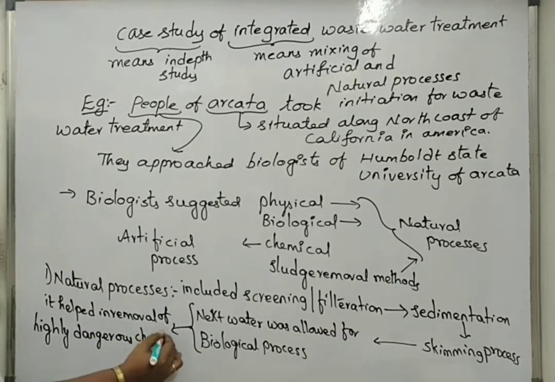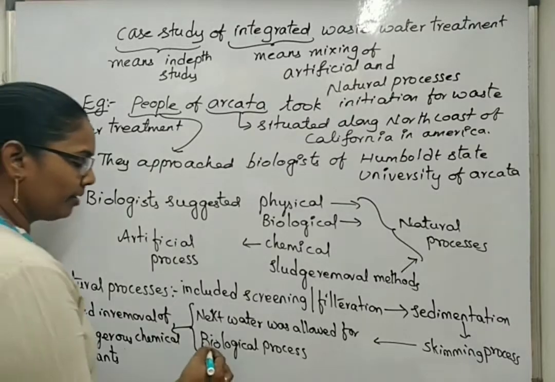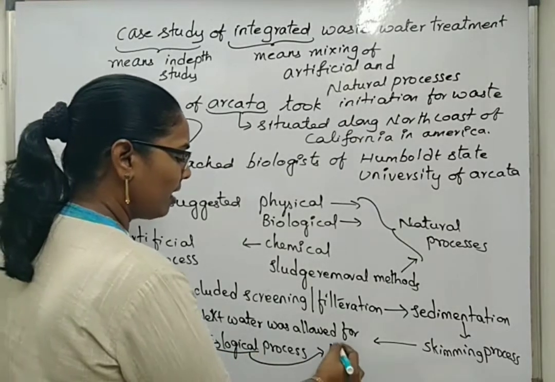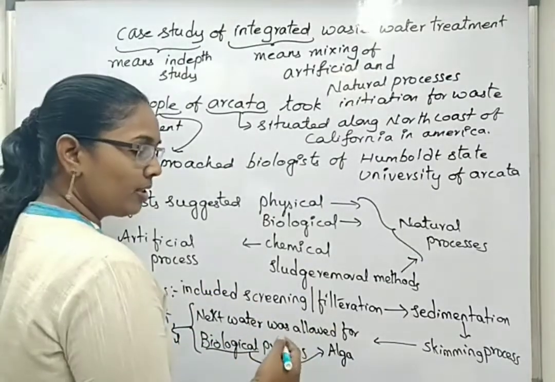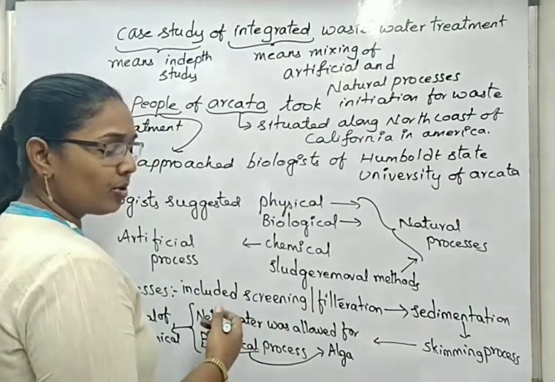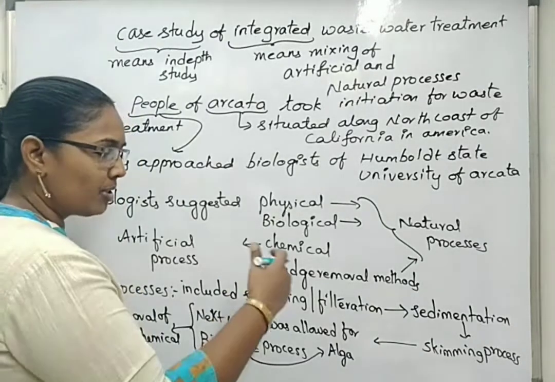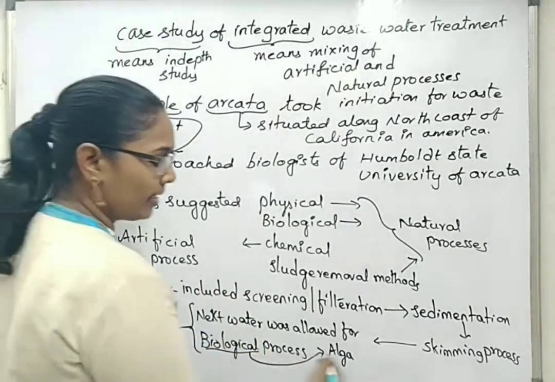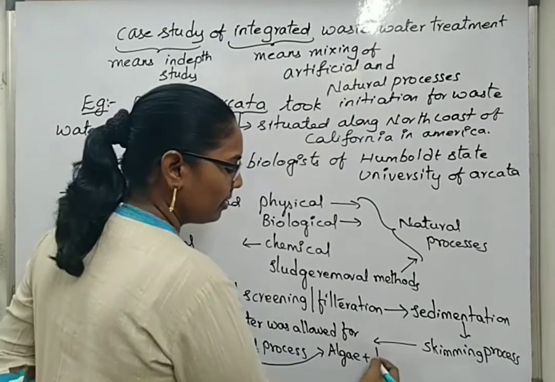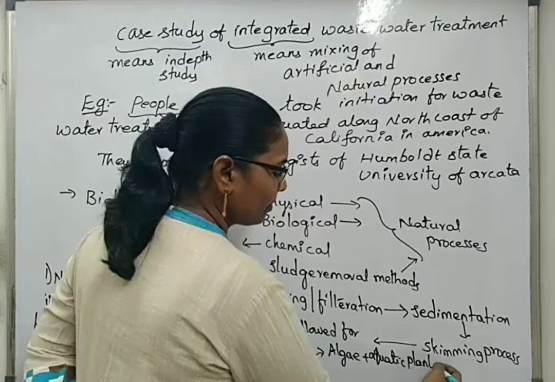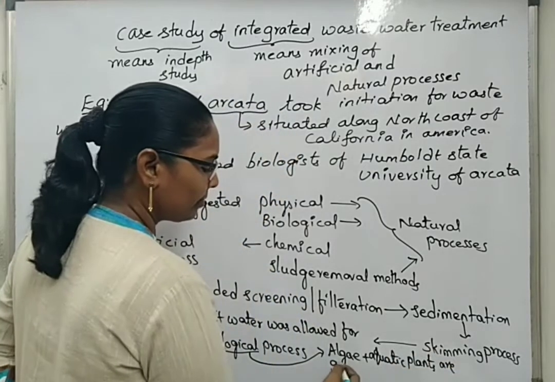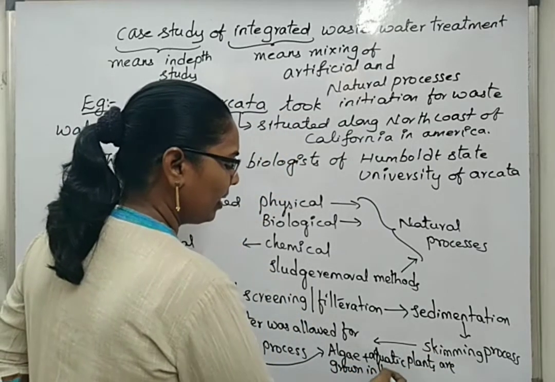You can write chemical pollutants. For this process, algae was added and allowed to grow on the surface of the water. Some types of aquatic plants are also allowed to grow because the water was made into chambers, with algae plus aquatic plants grown in those water chambers.